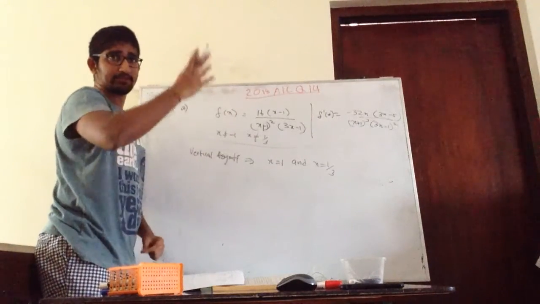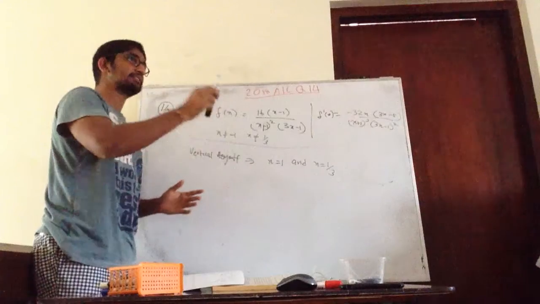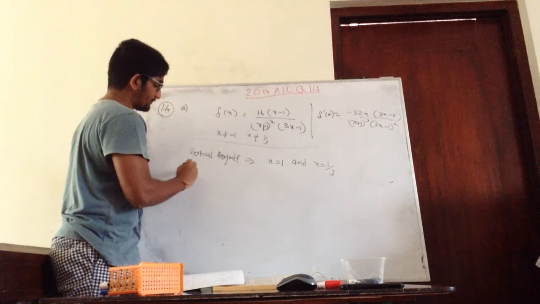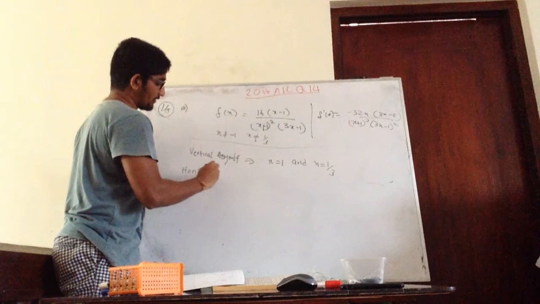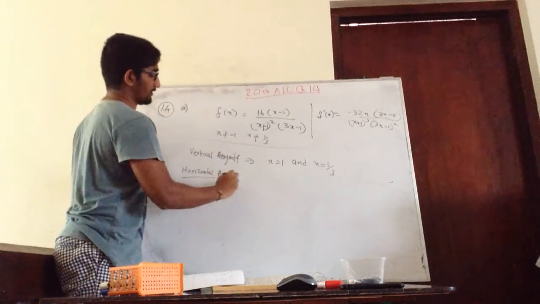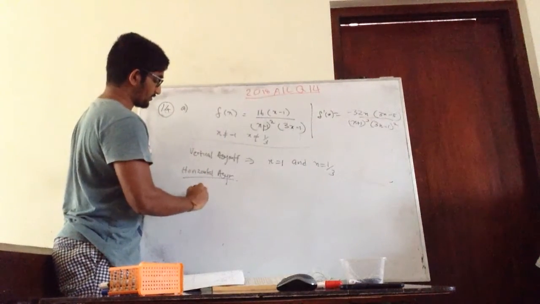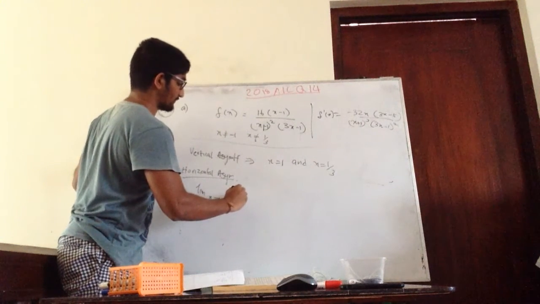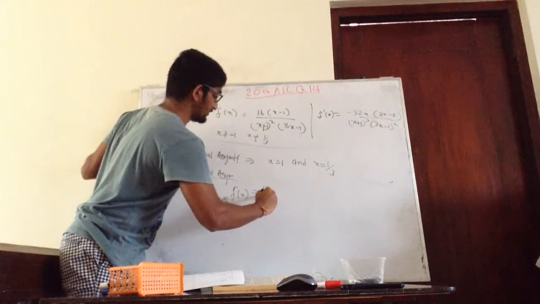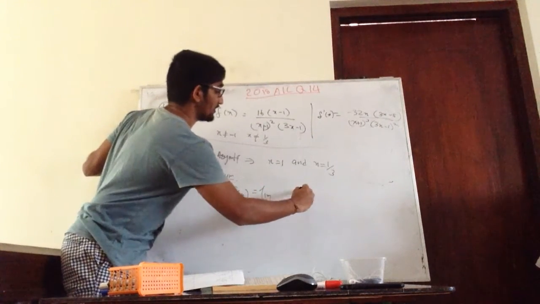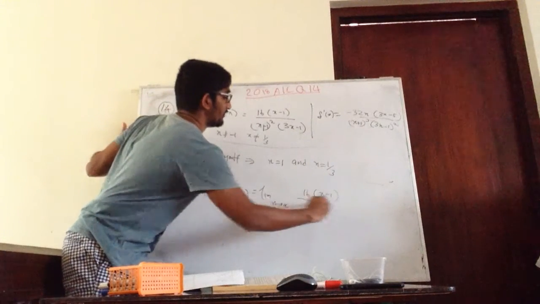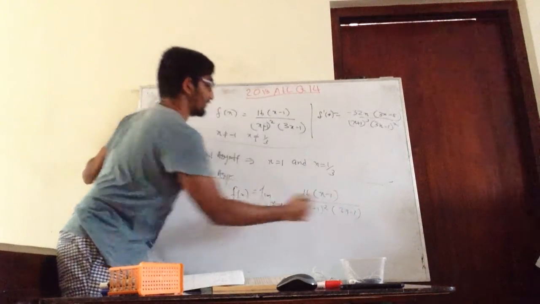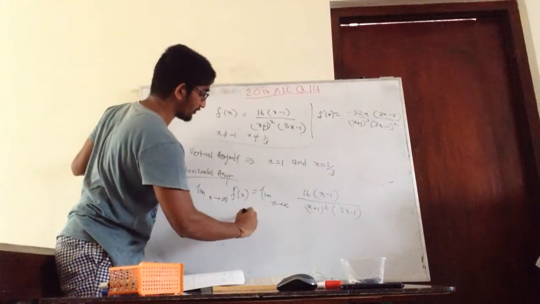The sequence does not matter, but if you want to take the horizontal asymptote, you can take it here. So for the horizontal asymptote, you take the limit as x goes to infinity of f(x). That is the limit as x goes to infinity of 16(x − 1) over (x + 1)²(3x − 1). So what I'm going to do here is take x out.